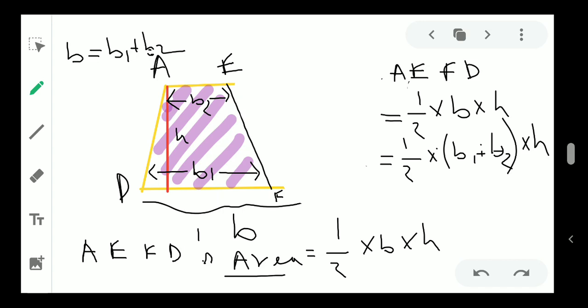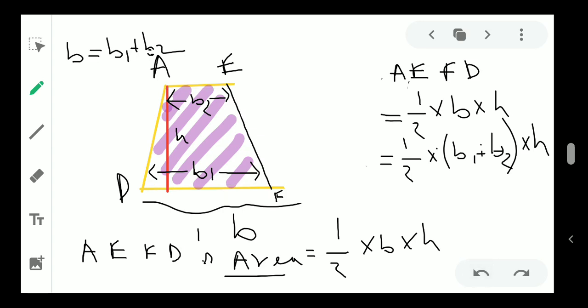You first have to look at which two lines or sides are parallel to each other. You can see that AD and EF are not parallel to each other, right? But AE and DF, they are parallel to each other.